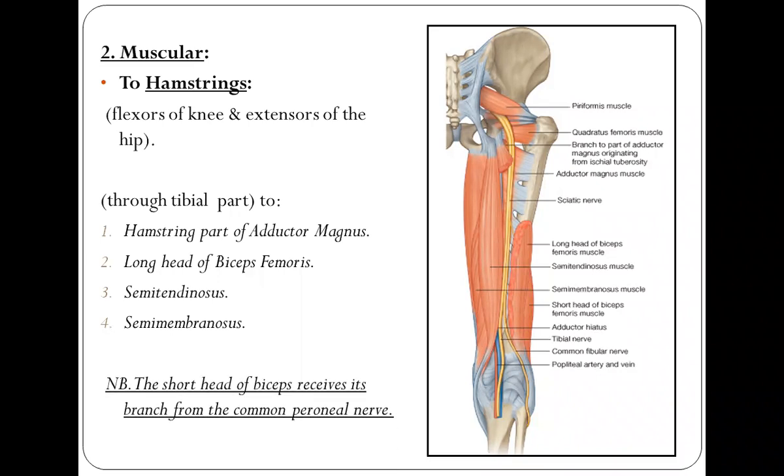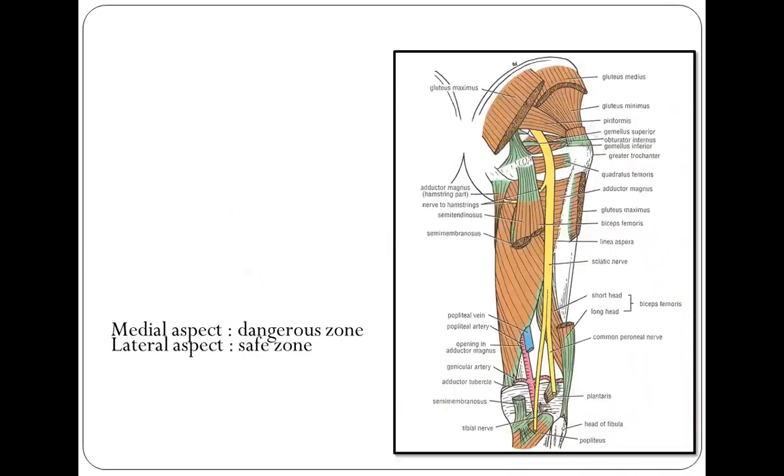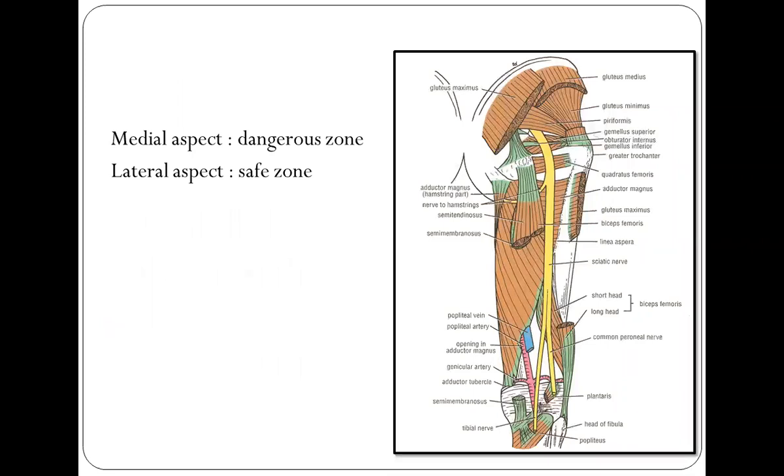Because of this fact, that the medial aspect of the sciatic nerve gives more numerous branches to the hamstrings, the medial aspect of the sciatic nerve is called the dangerous zone, and the lateral aspect is called the safe zone.